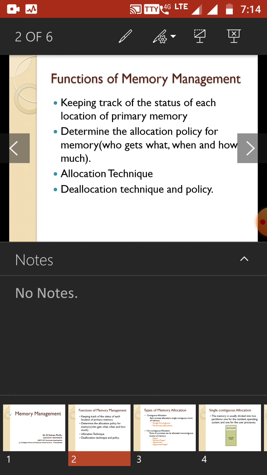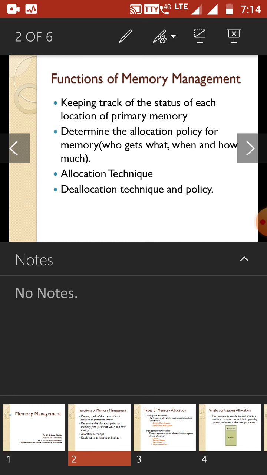But now the functions of memory management. You know very well that the OS is system software. Here there are four modules: the memory management module, device management module, processor management module and information management module. Here we are going to discuss one of the modules, the memory management module, in depth.